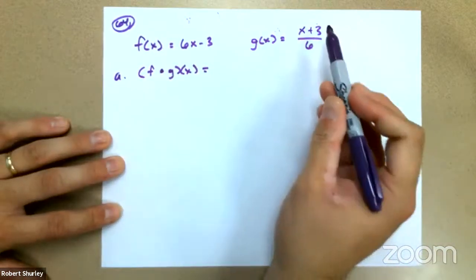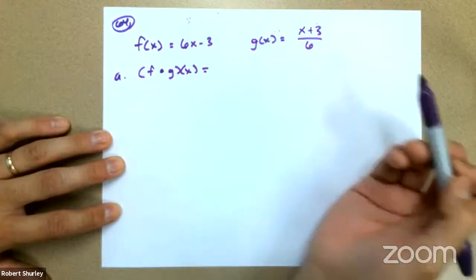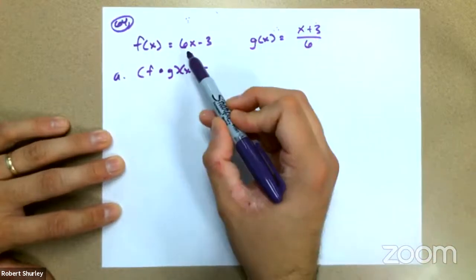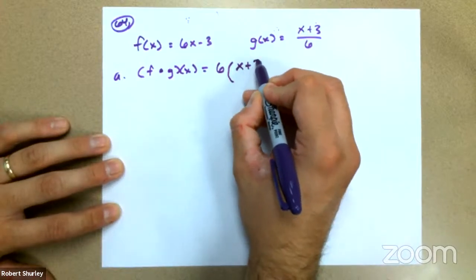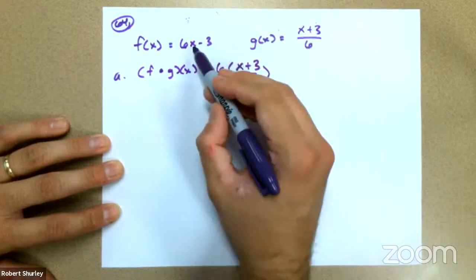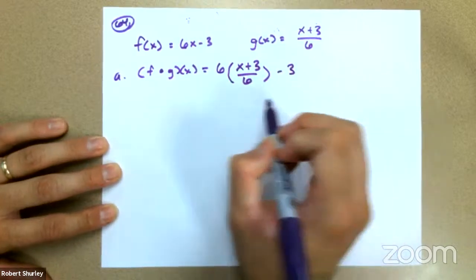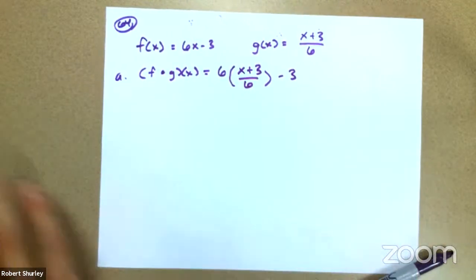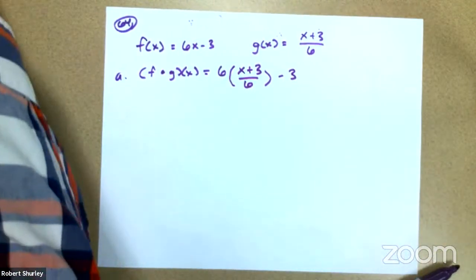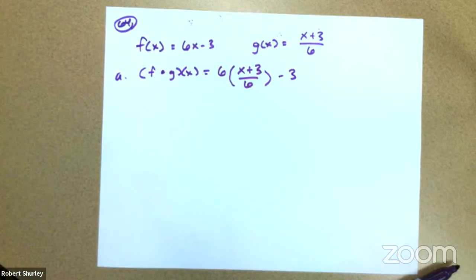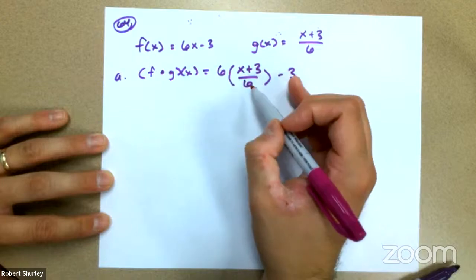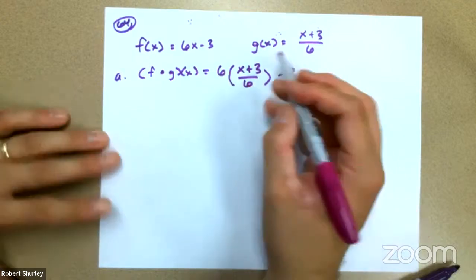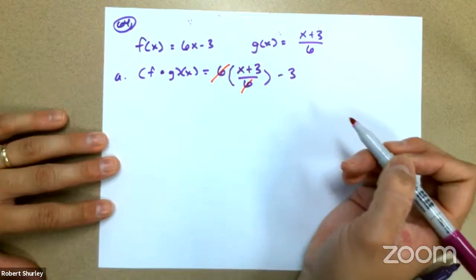I'm going to take this g function and plug it into the f function, right? So this is my x value now. So 6 times (x plus 3) over 6, minus 3. This one's kind of neat. Look, if you've got a fraction and you're multiplying it by an integer, and they're the same number, those cancel out.